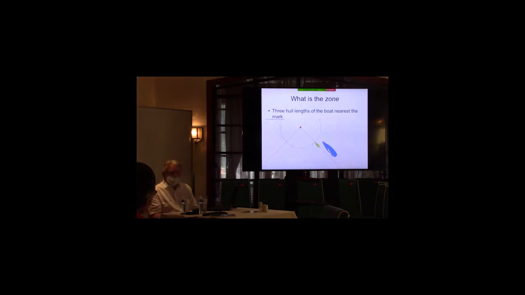Now, the two points about this are, first of all, that it's the boat that's closest to the mark that determines where the zone is. So even in this case, the blue boat in Frank Pong is, whatever he is, 72 feet or something. He is not yet in the zone because he's not the boat which is closest to the mark.